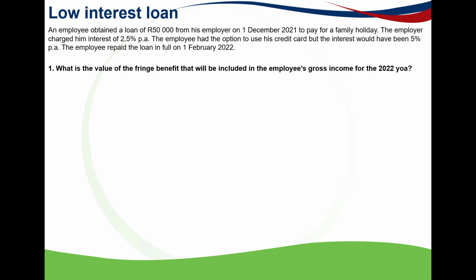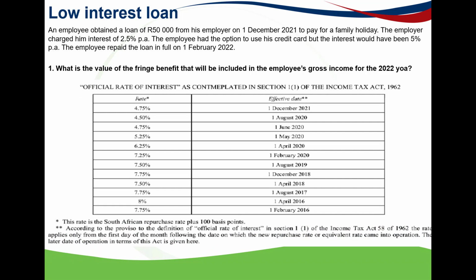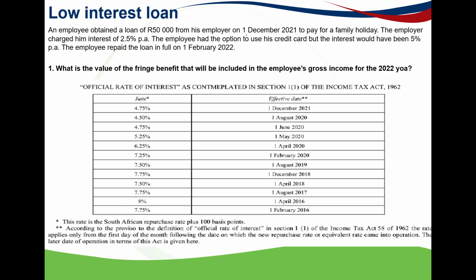So for the purpose of this example, we have given you a table of the official rate of interest since February 2016. So we'll just need to look at when the loan was provided, and according to the information provided, the loan was provided on the 1st of December 2021.